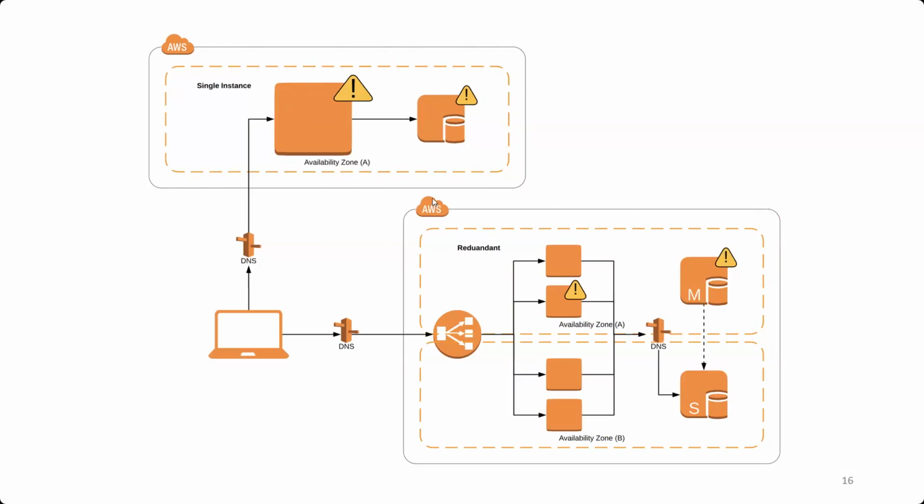Now tell me, based on this, which one is highly available here? Top or bottom? You didn't take even 1 second. Excellent answer. The answer is bottom. Why? First of all, why is it failing on the top?